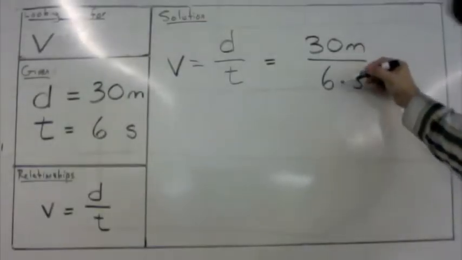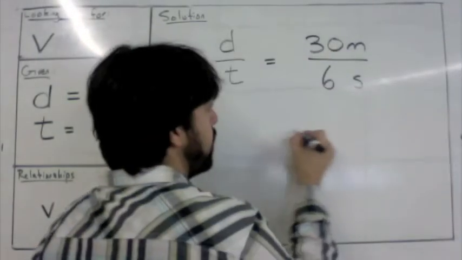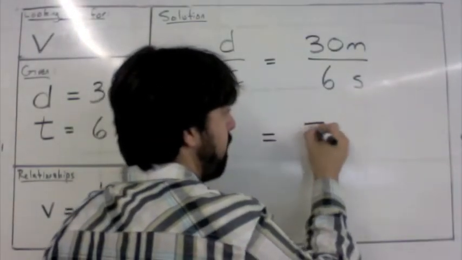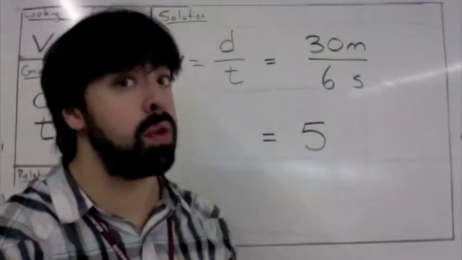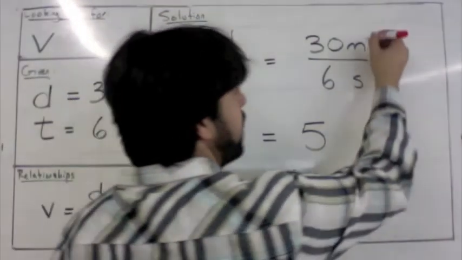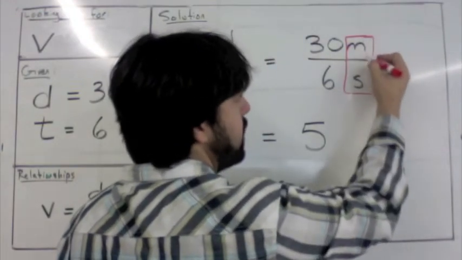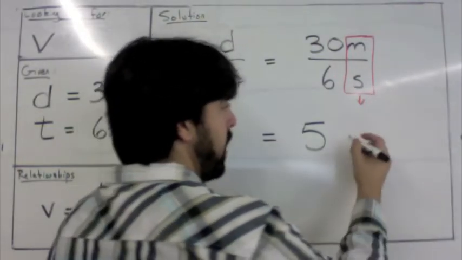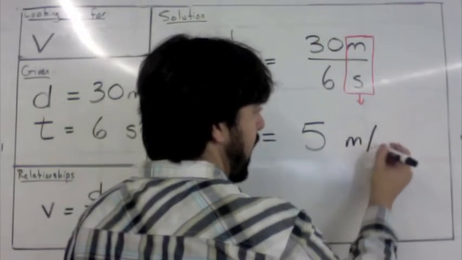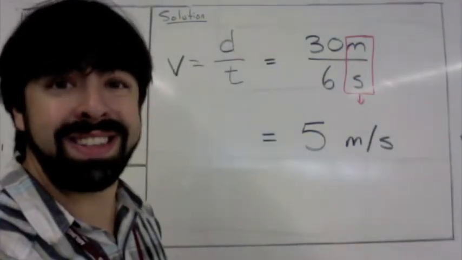Now you do the math. 30 divided by 6, that's going to be 5. So this equals 5. The units, because they don't cross out, are going to carry down. So m slash s become m slash s, meters per second.